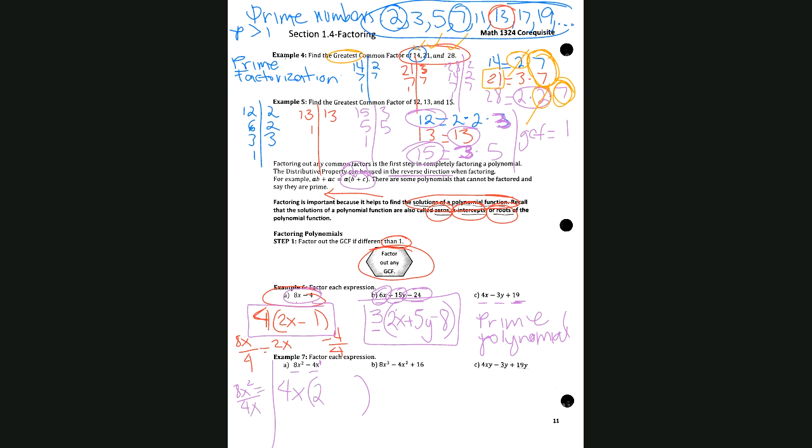And when you divide variables, you subtract the exponents, so this will be x to the first power, because 2 minus 1 is just 1. Then we have negative 4x, and we divide by 4x because we're factoring 4x. The answer to that will be negative 1, because we're dividing a negative and a positive. And that will be the answer for example 7, part A.